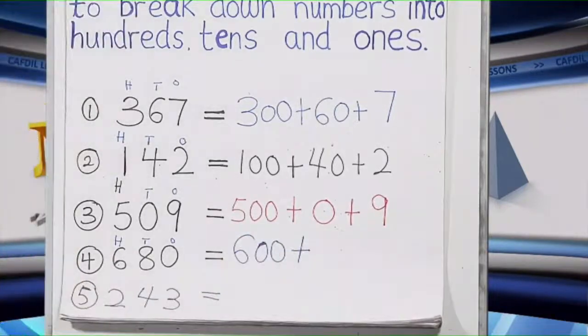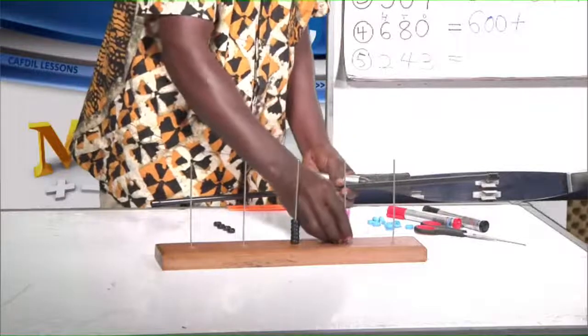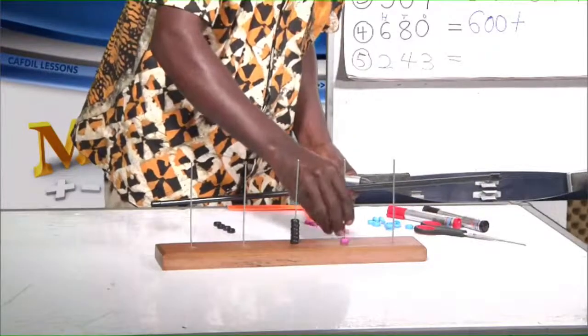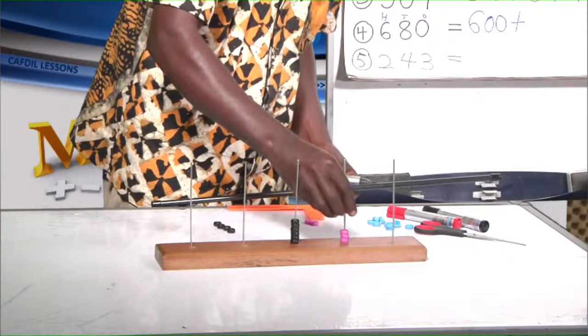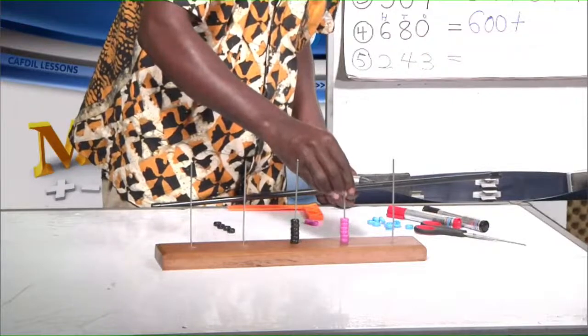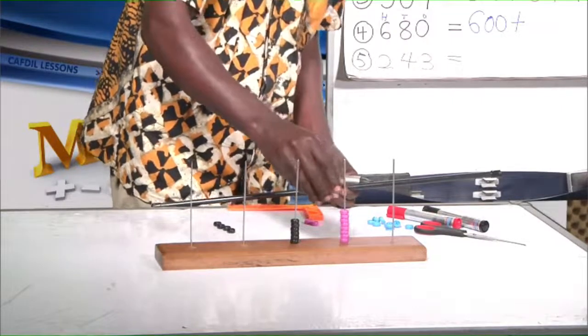Plus, under the tens column we have 8. So under the tens column we can say 8 tens because we have 8 here. Each bead under the tens column shows 10. So you can count 10, 20, 30, 40, 50, 60, 70, 80.